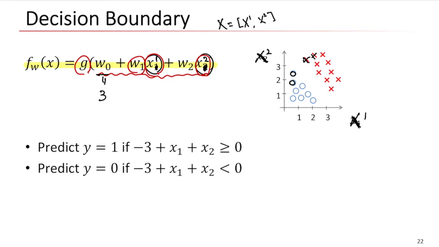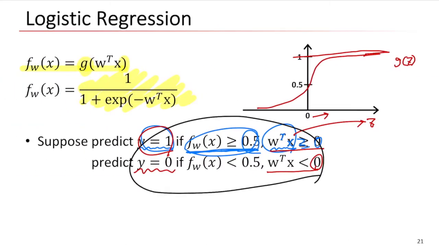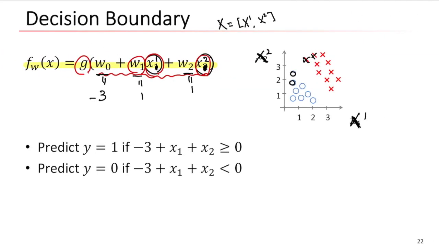For example, let's say W0 is equal to 3, W1 is equal to 1, W2 is equal to 1, right? No, W0 is -3, W1 and W2 are 1, something like this. Then from this slide, if this linear dot product is larger than 0, we can say that this is a positive sample.